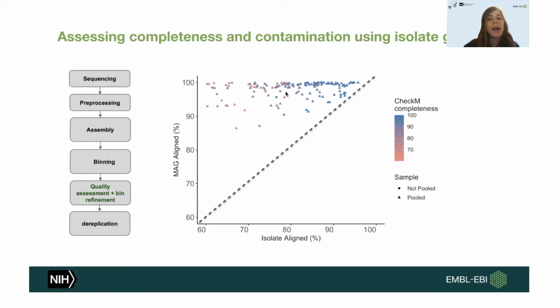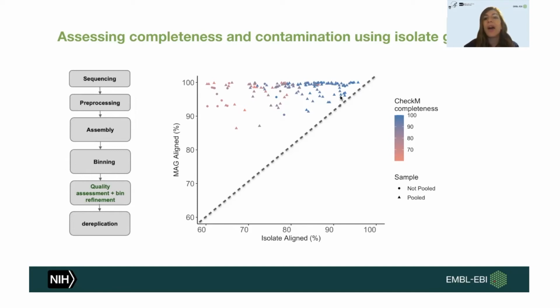We also looked at how the isolate aligned correlated with the CheckM completeness. So I will first describe how CheckM works. When we try to assess the quality of a MAG, we often don't have any representative genome for that MAG. So what is done to approximate the quote-unquote completeness and contamination of these MAGs is looking at single copy marker genes. These are genes that have been found to be present in all prokaryotes in single copy.